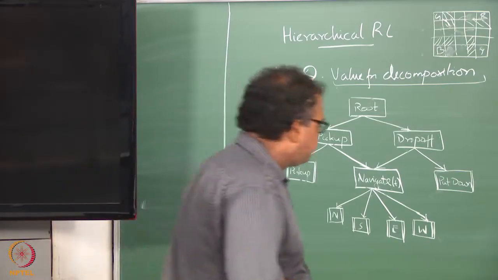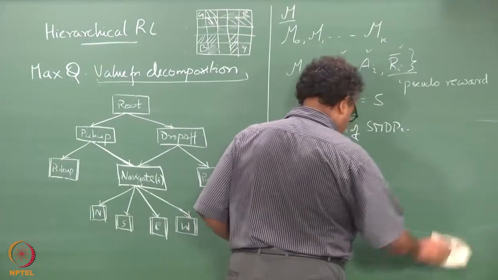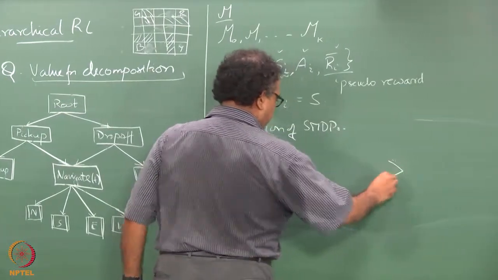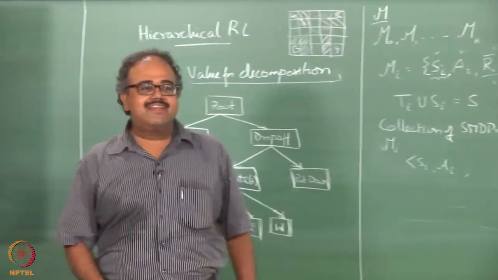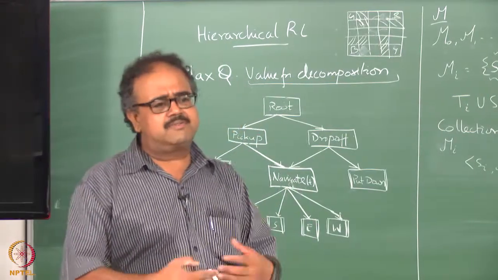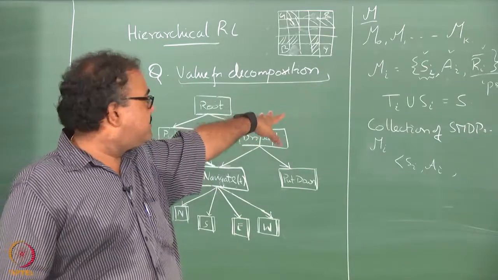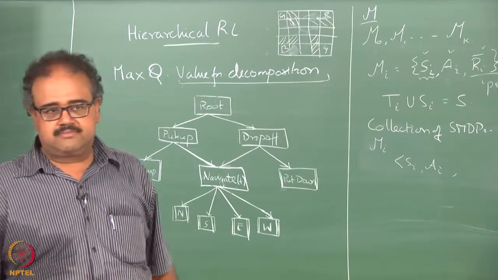So we will come to that also. Where are you getting the Ri bar from? That is the task specification. When I specify these Mi, those are the things I have to specify: Si, Ai and Ri bar.